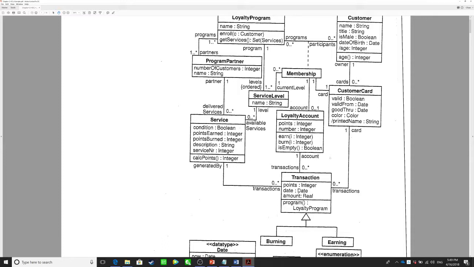From what point can you upgrade from silver to gold member? For example, we set up a condition like, okay, when you spend $1,000 within a year, then you should be able to upgrade the service level. That is something we cannot specify with merely the class diagram, okay? But that is something we can do with the OCL, right?